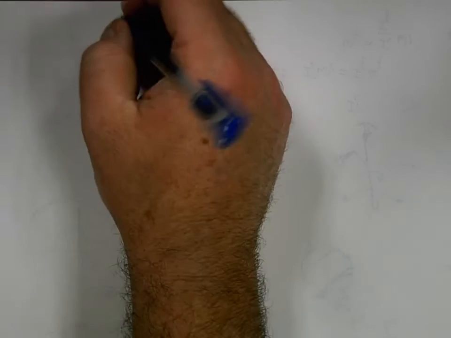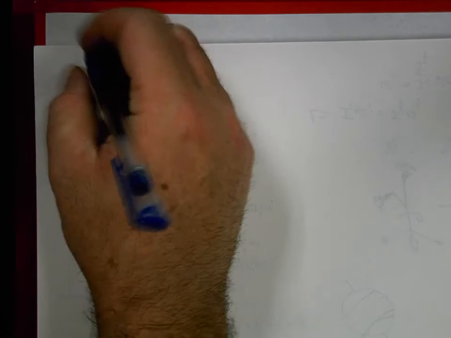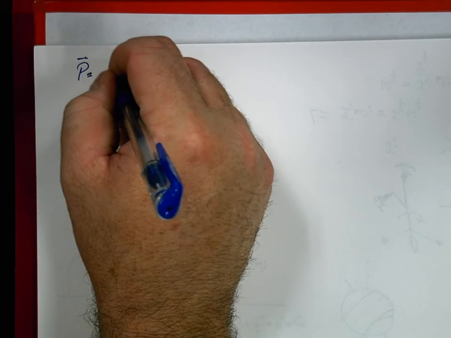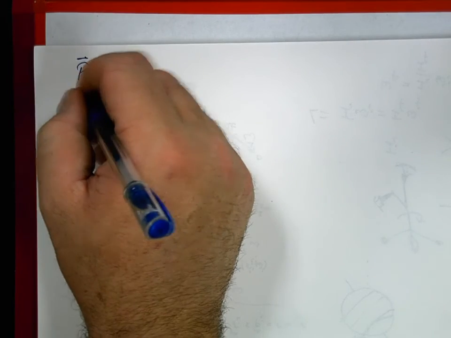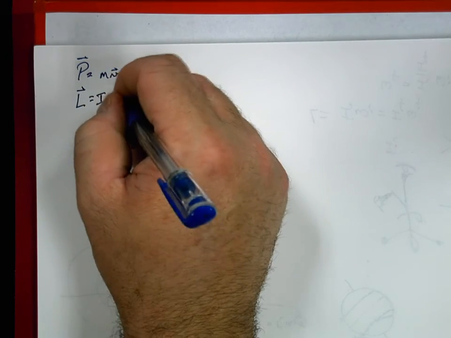Okay, so real quick, let's go over analogous variables here. We have a momentum now. Momentum equals mass times velocity, and with it goes an angular momentum that equals the rotational mass times the rotational velocity.